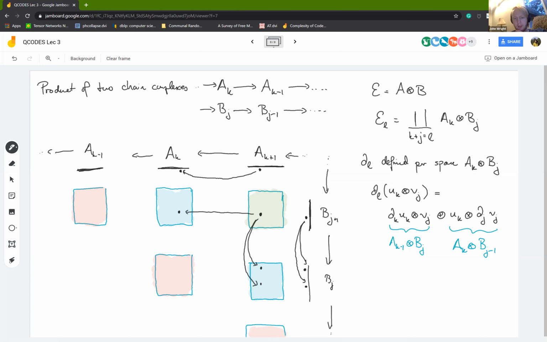Oh, I'm slightly confused. I thought E_L was like a disjoint union of A_K tensor B_J, but now it looks like when I apply the boundary map, I get something that's a direct sum of different elements in like E_(L minus 1). Well, I should get a vector in E_(L minus 1), right? The boundary map takes a vector with basis E_L to a vector space F2 to the E_(L minus 1). I see, but so, E_L is like the direct sum of those things?